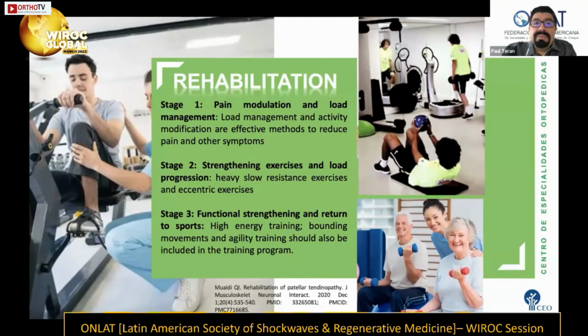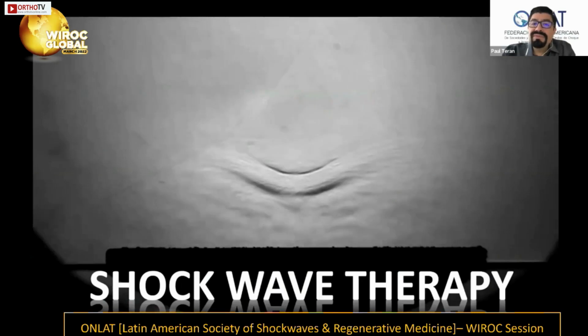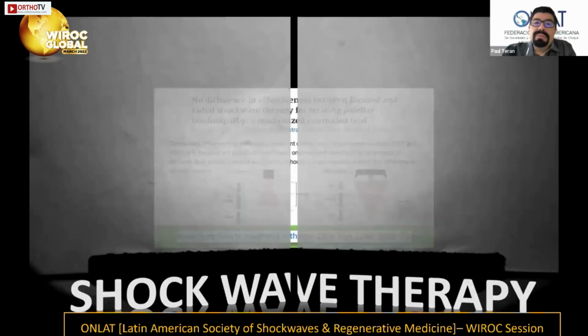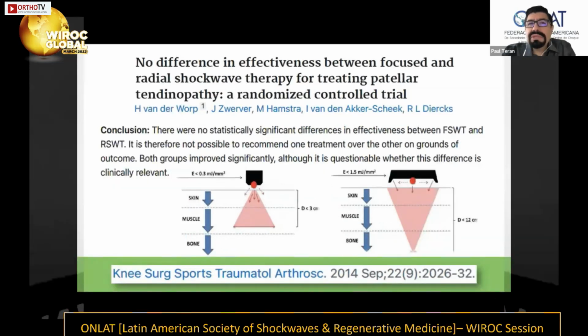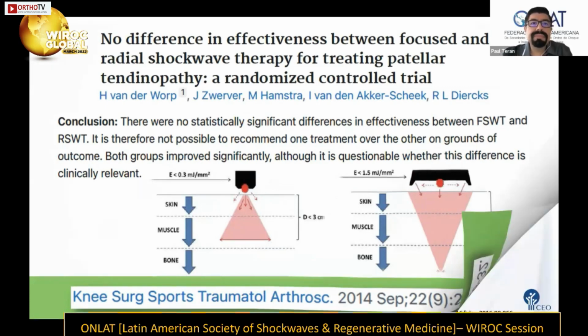The best current therapeutic alternative is the use of shock waves. And it is important to say there is no major difference in the therapy with radial pressure waves and focal shock waves in different studies.